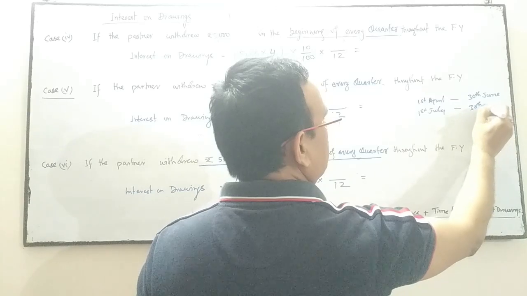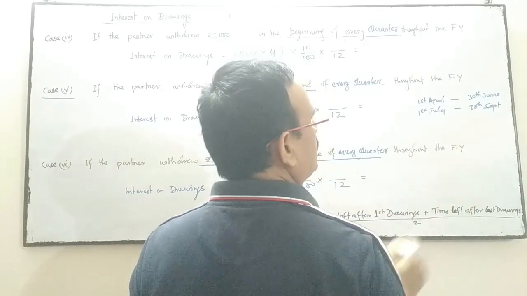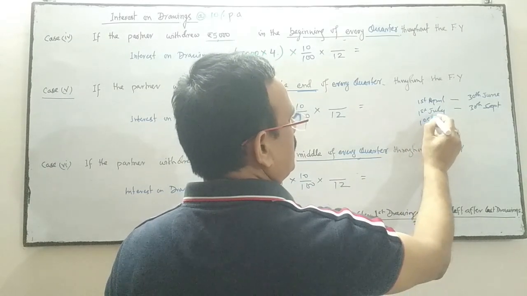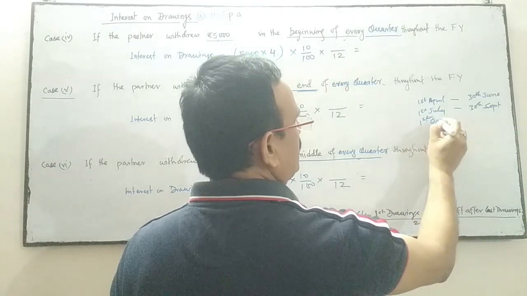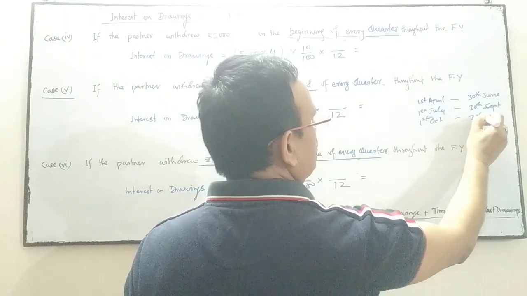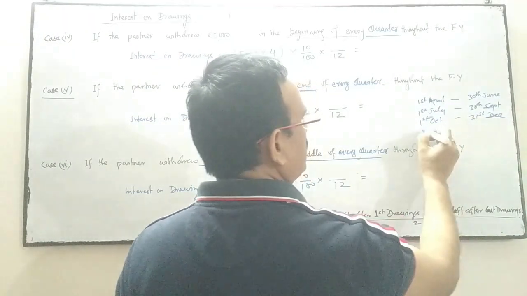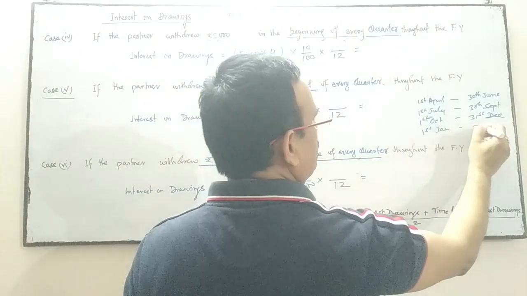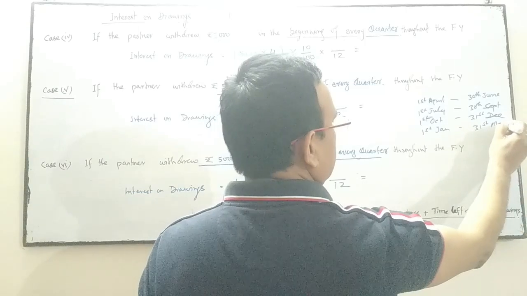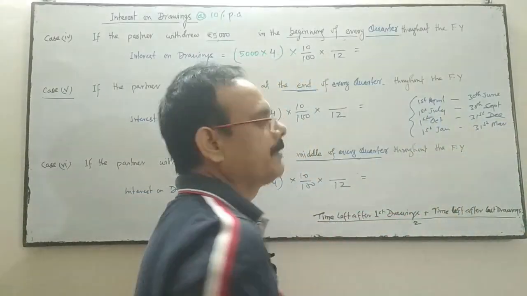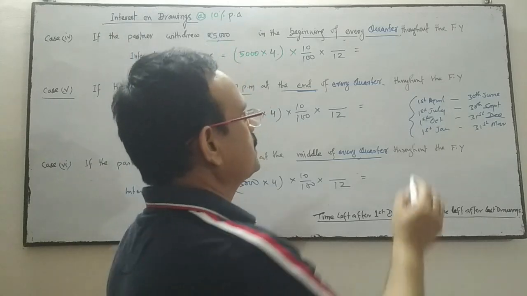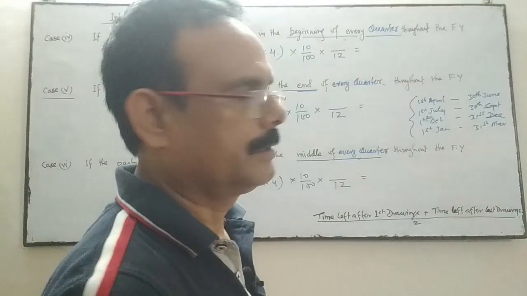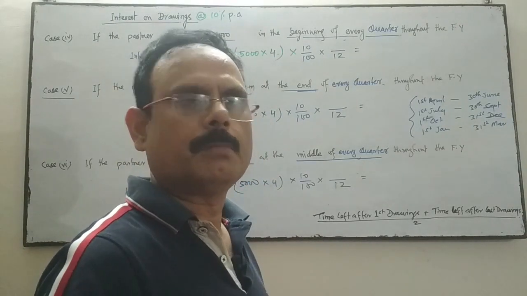Then 1st October to 31st December, the 3rd quarter, and 1st January to 31st March. There are 4 quarters in a financial year: the 1st quarter, 2nd quarter, 3rd quarter, 4th quarter, if the financial year is April to March.